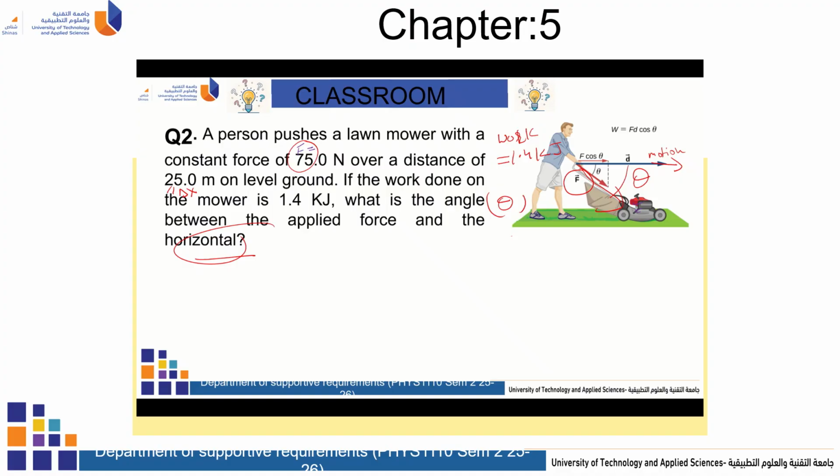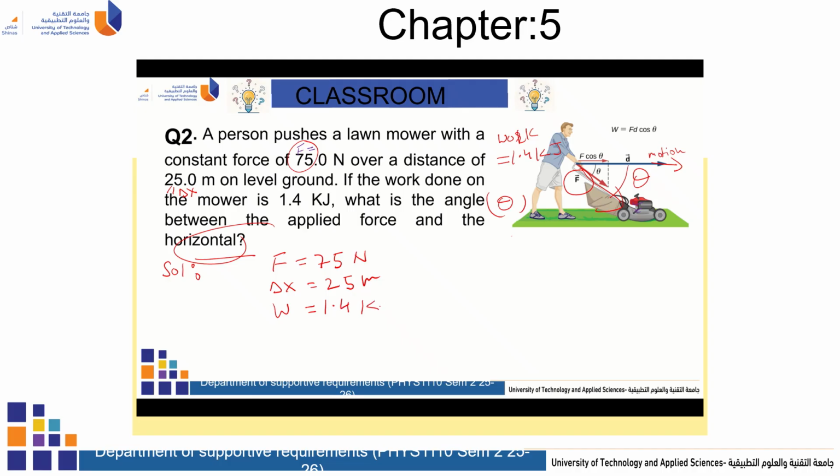Now here I am writing what is given. In the question, the value of the force is given, that is 75 newton, and the displacement is 25 meter, and the work done is 1.4 kilojoule.